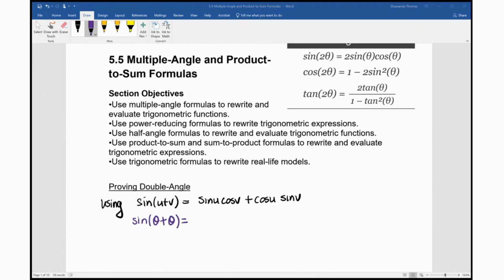So we're just manipulating it to use this formula that we used in the previous section. Let's see how it plays out if we use theta for u and theta for v. That will just be sine of theta cosine of theta plus cosine of theta sine of theta.